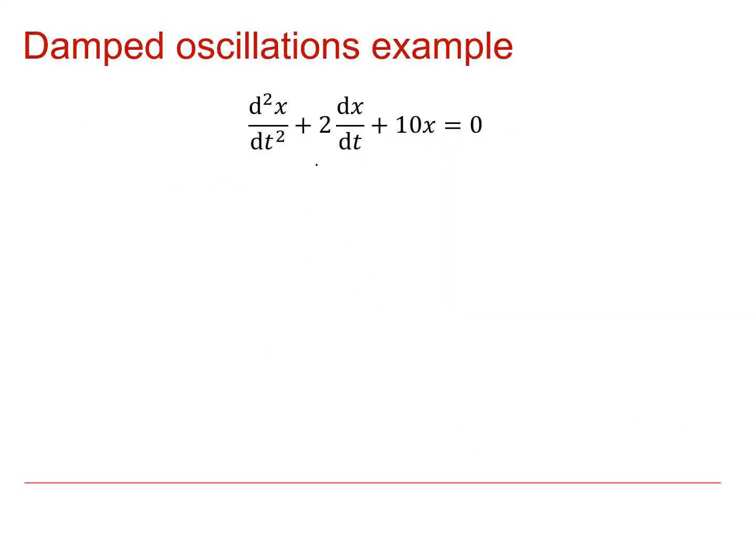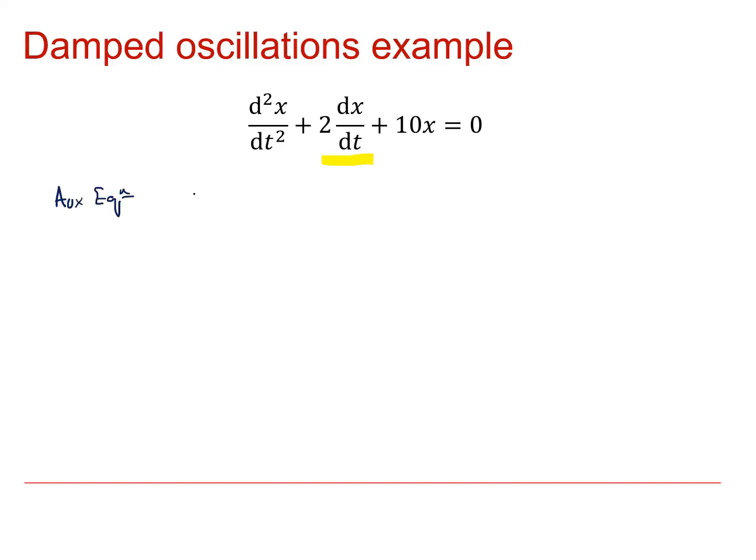So if we have a look at this differential equation that represents a damped oscillation, this extra term in the middle here comes about as the result of some kind of resistance to the motion related to the velocity, and that explains why it slows down over time. In order to solve this differential equation, we start out with our auxiliary equation, as before.